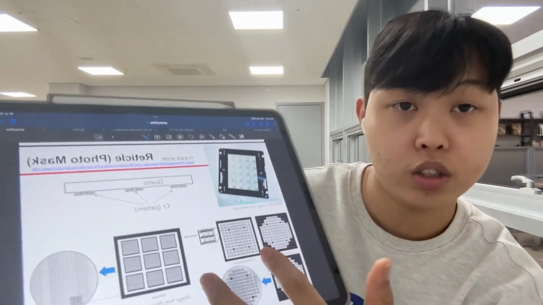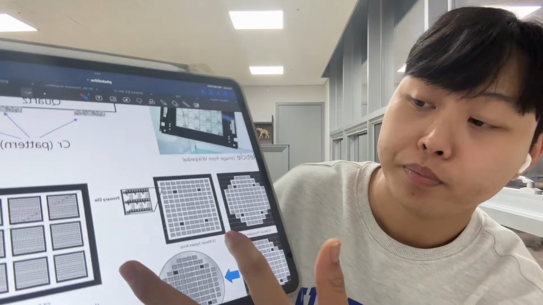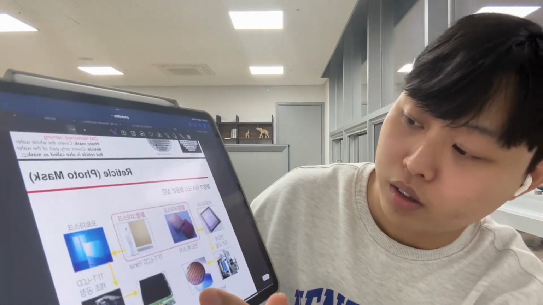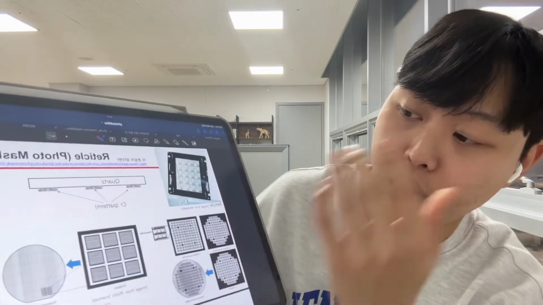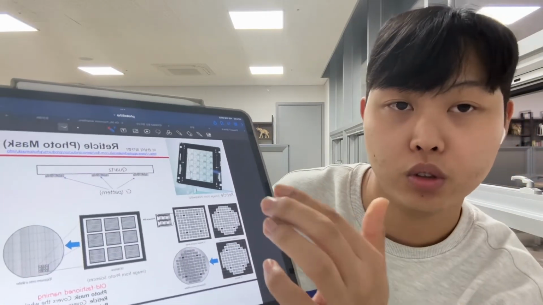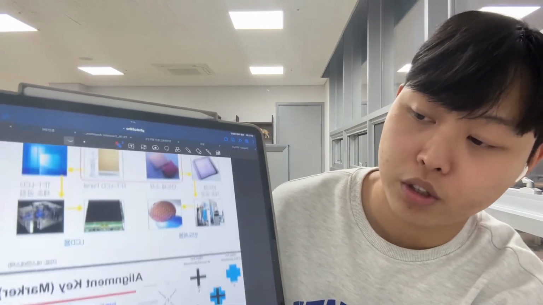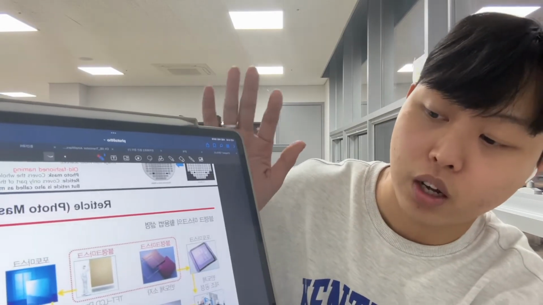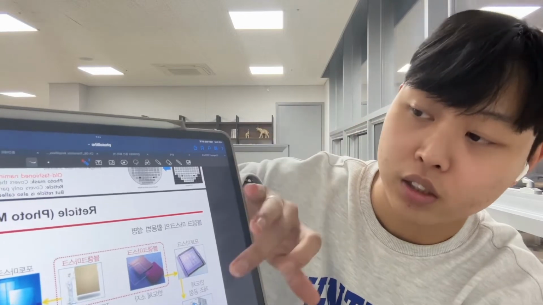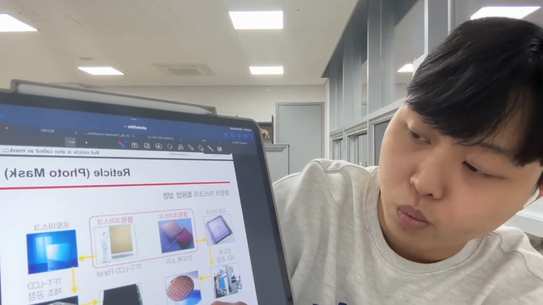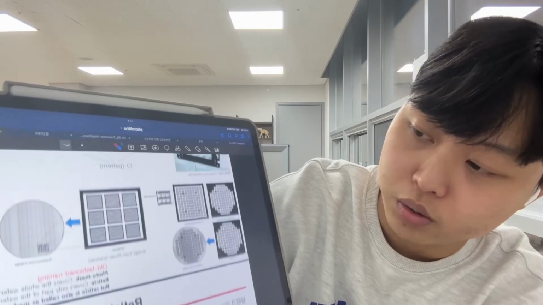As you can see, this is a picture of the reticle. We don't want any particles to get into the reticle, so we use a material called pellicle. I'm going to talk about it in the next class, so I just want you to know what kind of stuff is there.